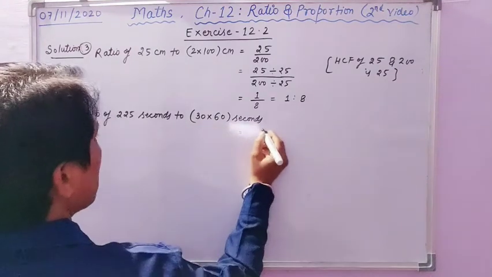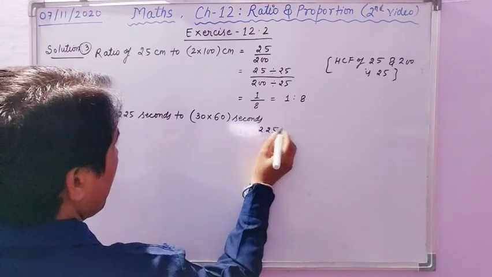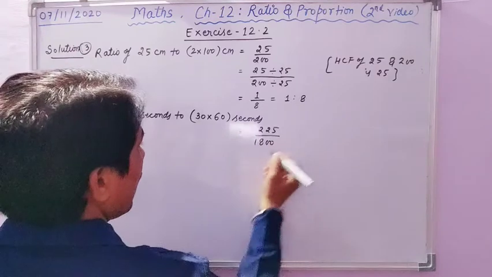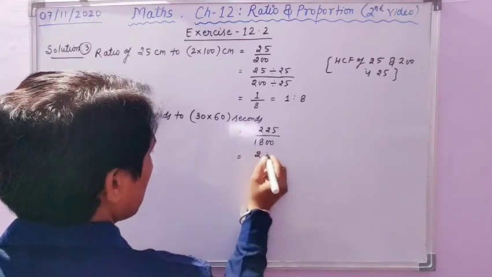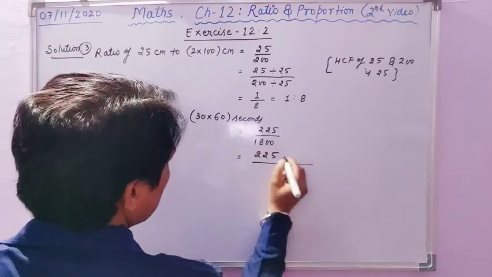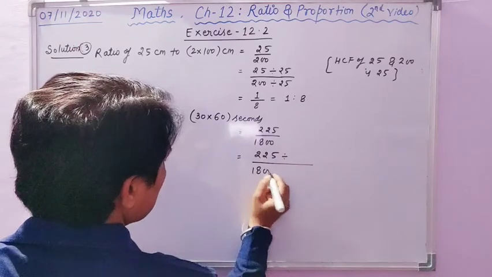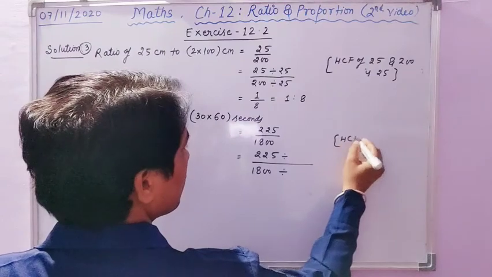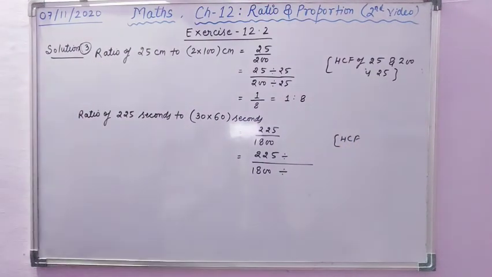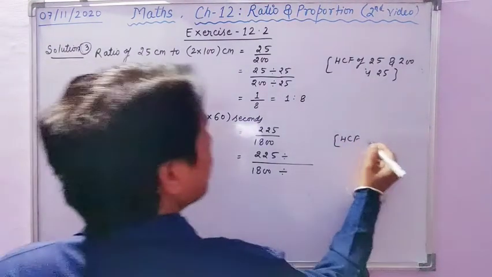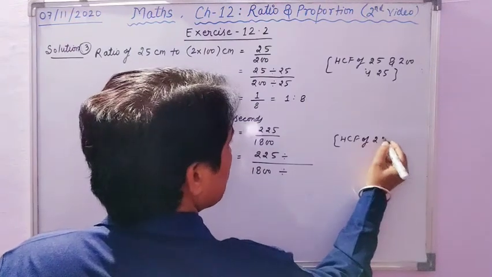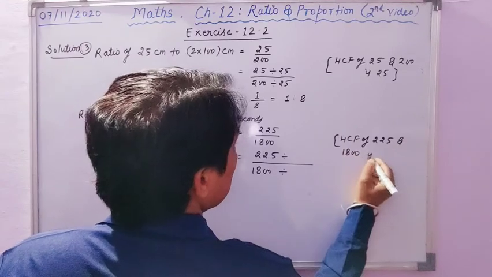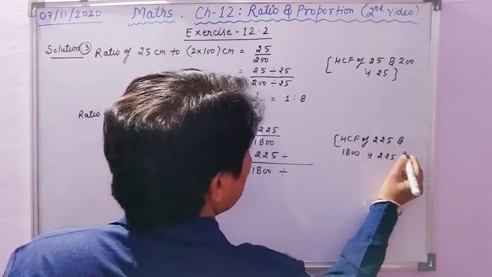So now 25 upon 1800. Students, the HCF of 25 and 1800 is 25.